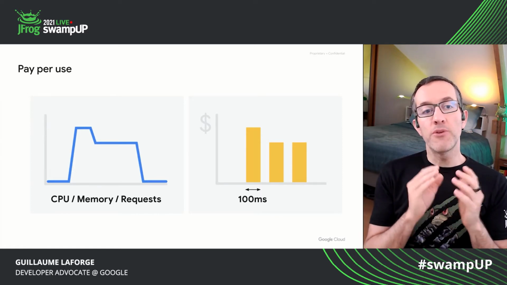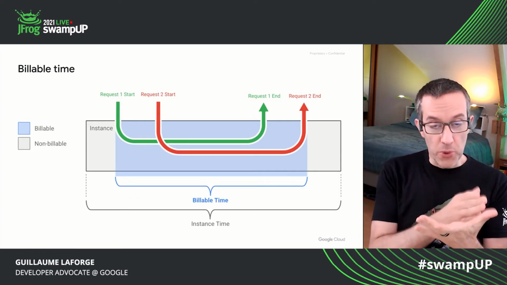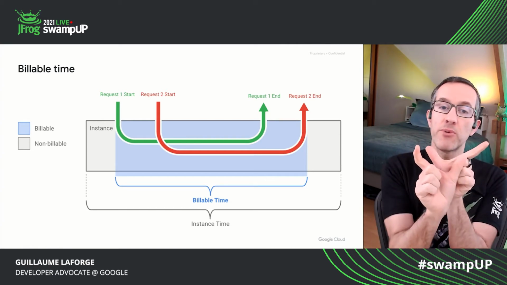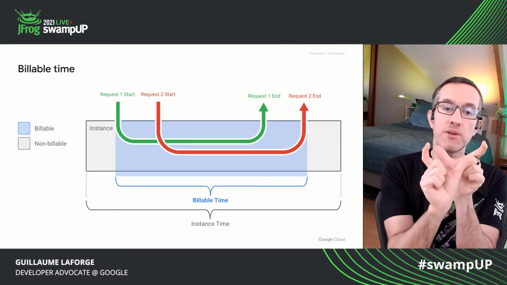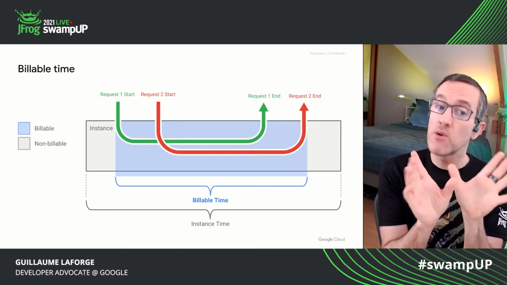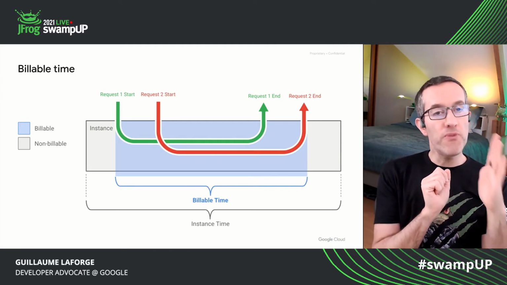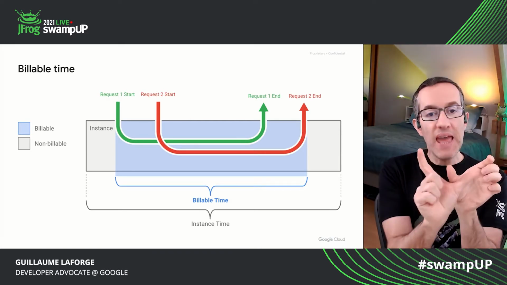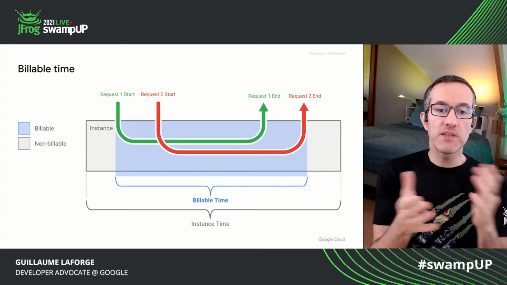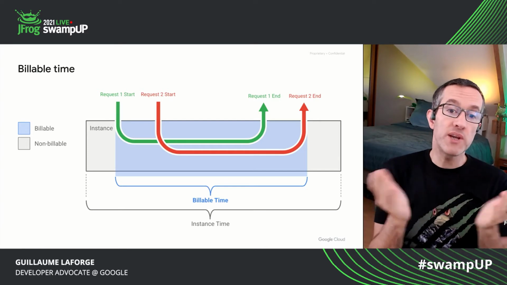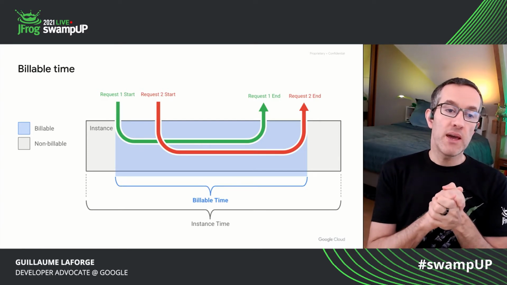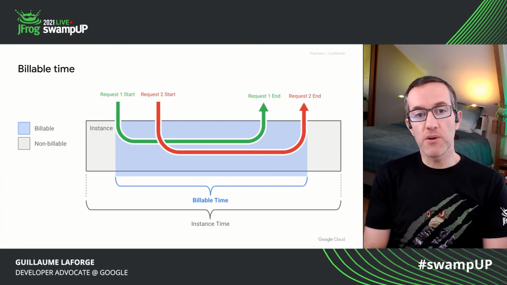Additionally, the billable time is not just per request. So let's say you have 2 concurrent requests, you'd pay for the total execution of the 2 requests? No, it doesn't work like this. You are actually billed from the beginning of the first concurrent request up to the end of the last request execution. So it's pretty interesting in terms of pricing, and be sure to take advantage of concurrency, of course.